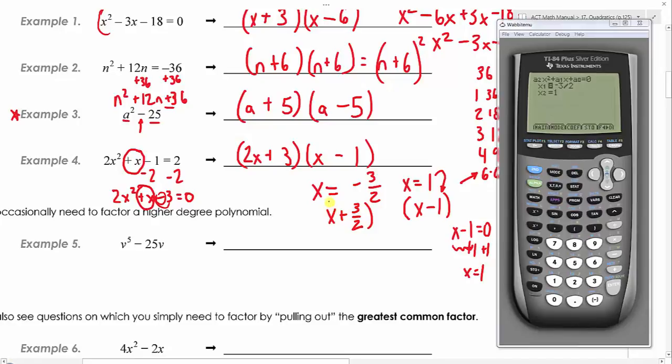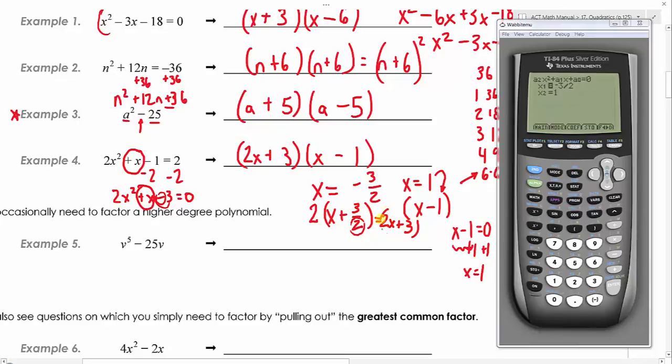And you may or may not remember from math class that if you want to clear away this fractional value over here, you can actually distribute through the denominator of this fraction. So if I distribute through a 2, I get 2x plus 3.